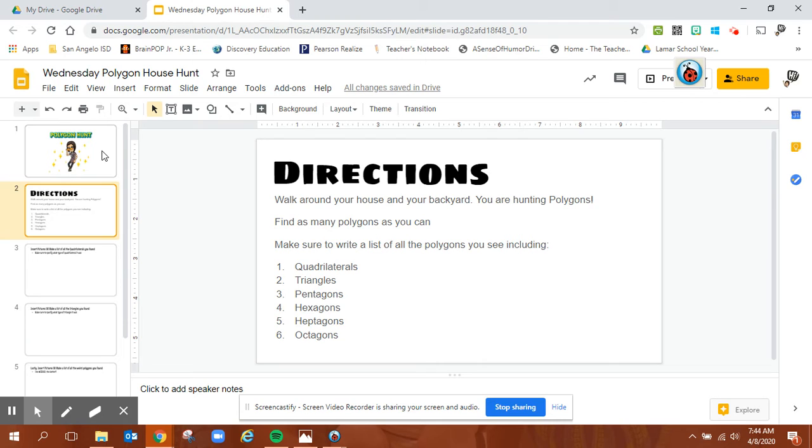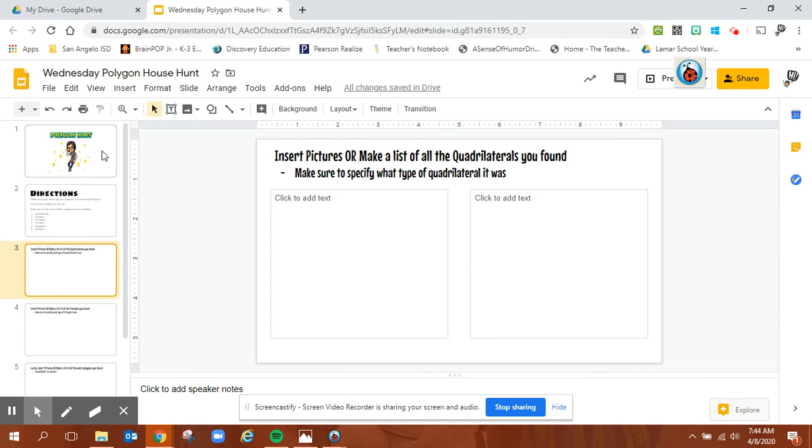Now, it doesn't have to be just quadrilaterals. You can look for triangles, pentagons, hexagons, heptagons, octagons. If you want to look around your house and see if you have a decagon, you can. Okay? All right, so like we talked about yesterday, if you got down the insert picture from week 1 where you were taking pictures of your work and submitting it, you can totally do that.